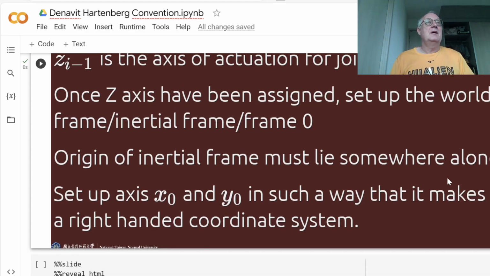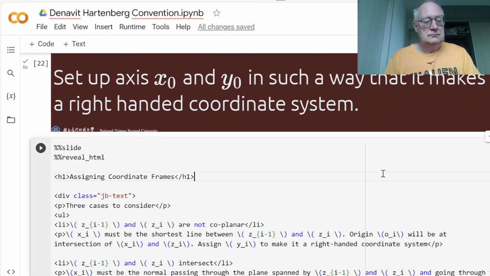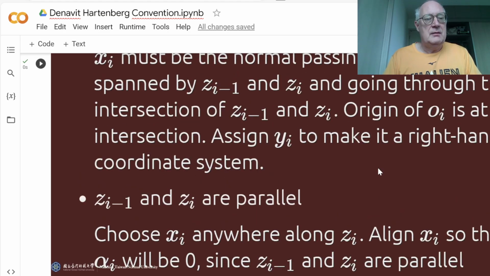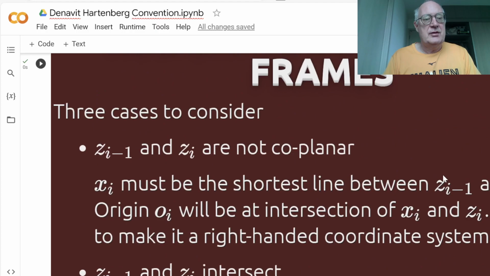Then we set up the other axes, x0 and y0, in such a way that it makes sense for the system we're dealing with, and that it forms a right-handed coordinate system. So now we have our inertial frame and our z-axis.